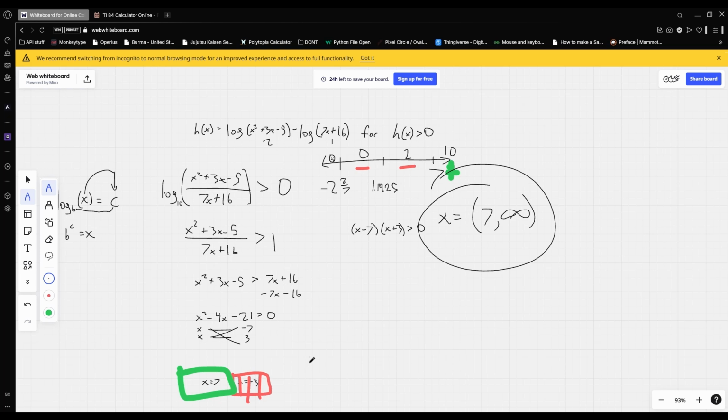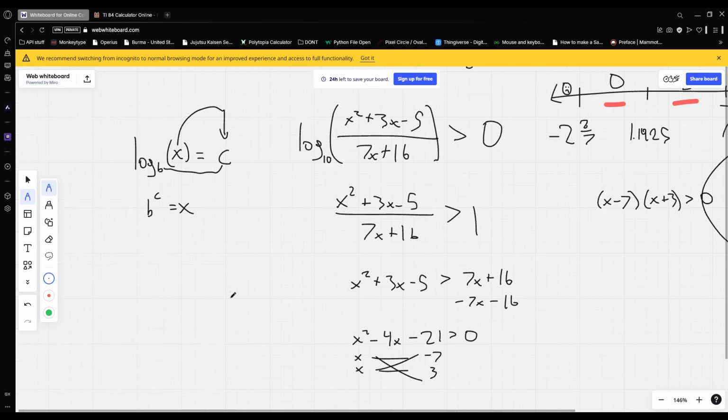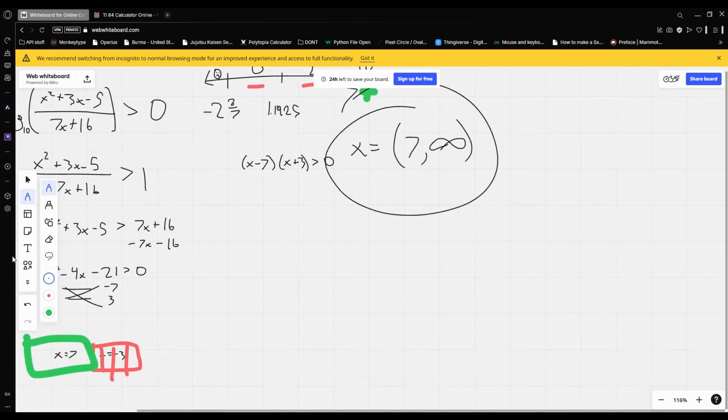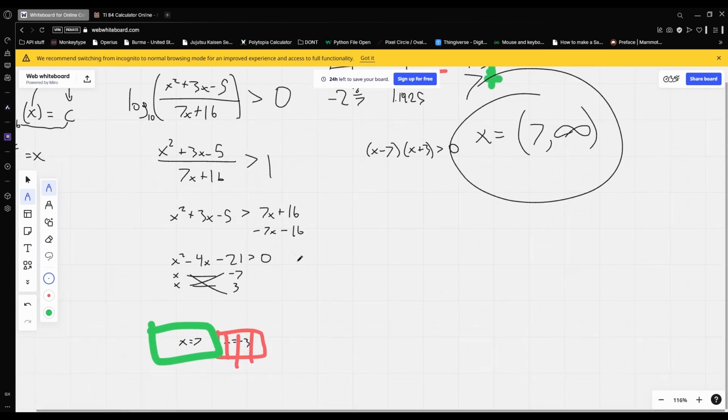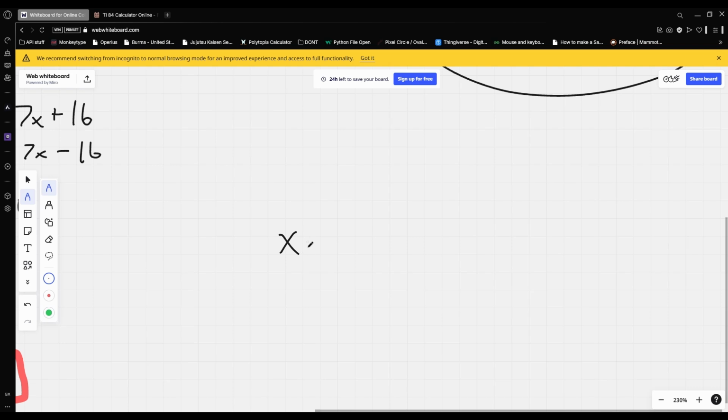These have a lot of real weird rules, but if you practice, you'll get used to them. One thing you need to remember is that if you cannot factor it, you have to use the quadratic equation. If you don't have it memorized already, I highly suggest you memorize it. Negative b plus minus square root of b squared minus 4ac.